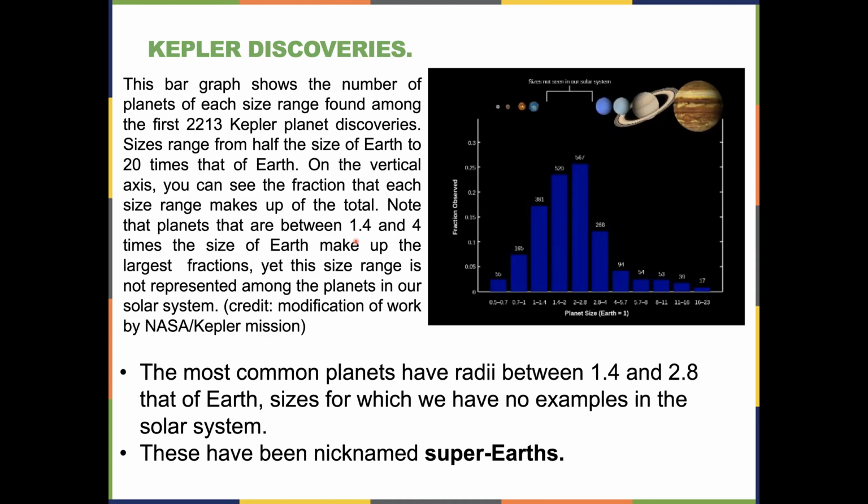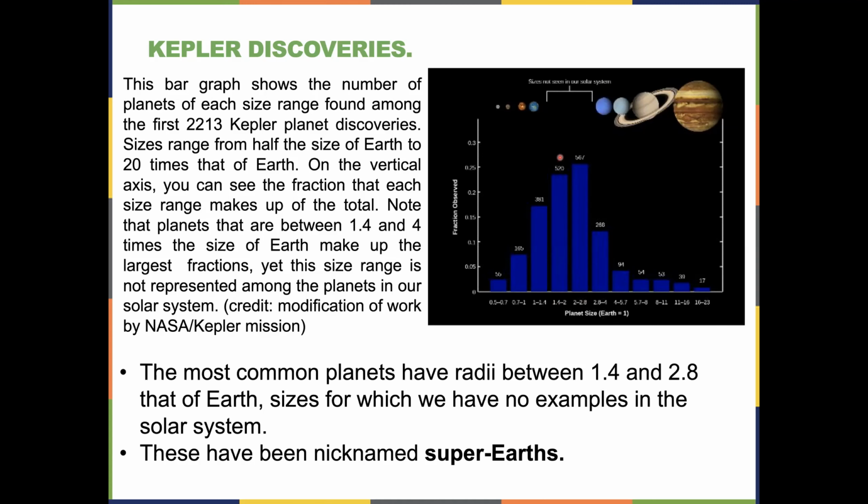Just try to understand the graph, and you will see an interesting thing: Kepler has detected a large number of planets around 1.4 times the Earth's size, up to 2.8 times the Earth, when you consider these two bars.